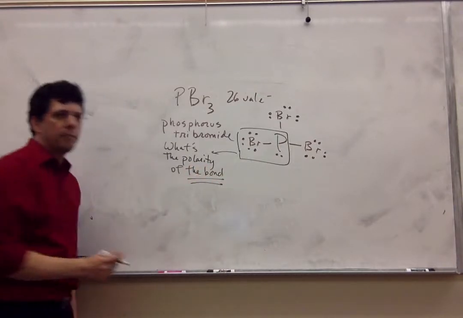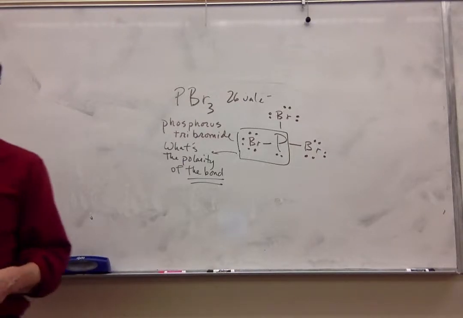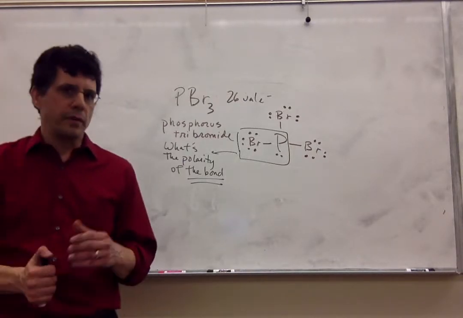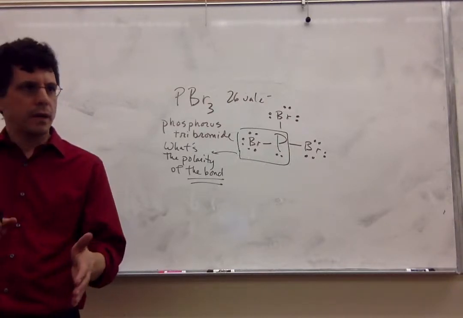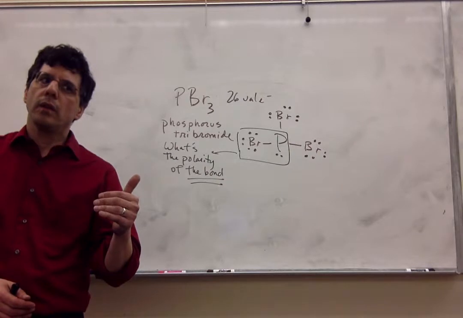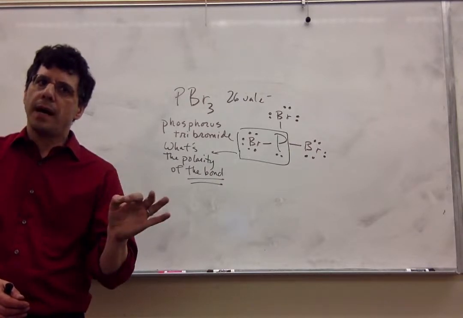And then I'll underline the bond because this is how I want us to proceed with a method. We're doing the Lewis dot method just to get the organization of the electrons and the bonds. And then we want to look at the polarity of the bonds.